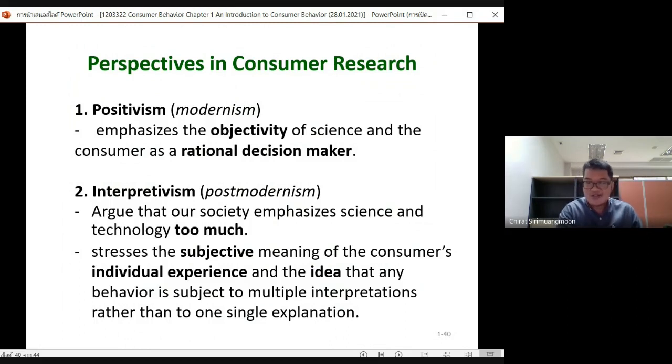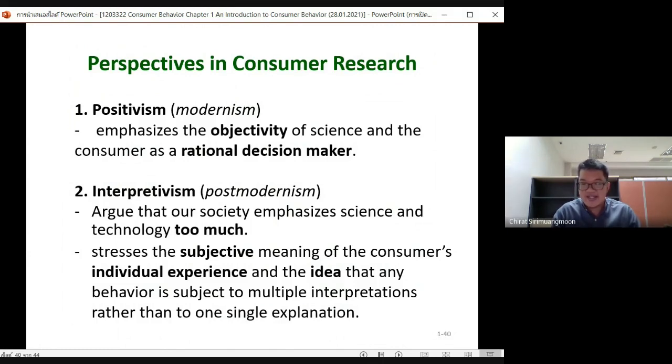But we have the other side, which is interpretivism or postmodernism. They argue that our society should not just use reason. You should focus on other things like happiness, feeling, or emotion. So they said it should focus on the subjective, not the objective like positivism.